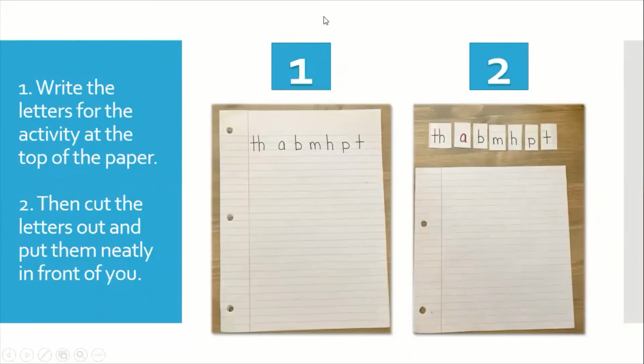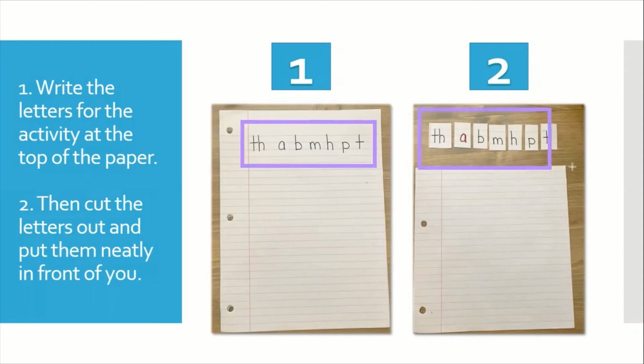You are going to get your paper and whatever you have to write with, and you are going to be writing these letters like I did at the top of my paper. So we have the letters TH together, the digraph TH, the letter A, the letter B, the letter M, the letter H, the letter P, the letter T. Once you have those letters written on the top of your paper, you're going to take your scissors and then you're going to cut it out.